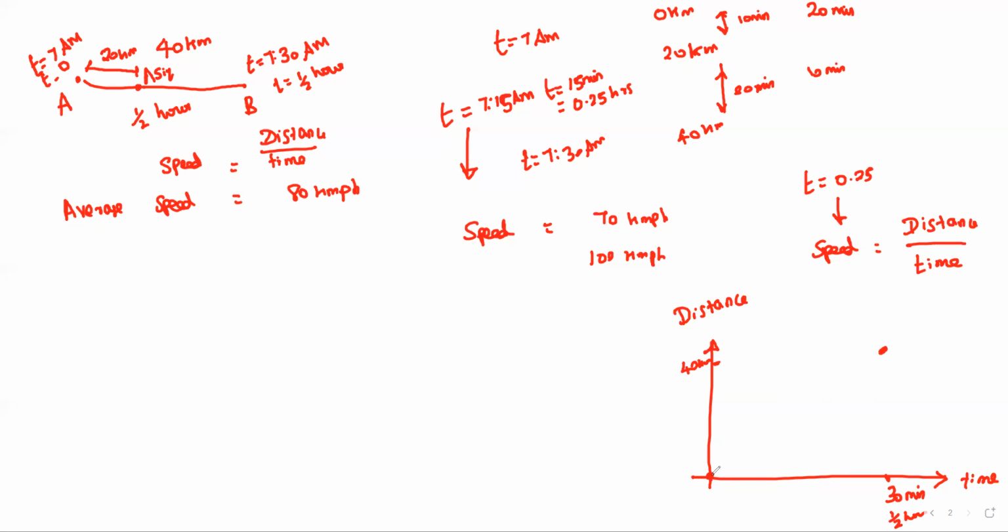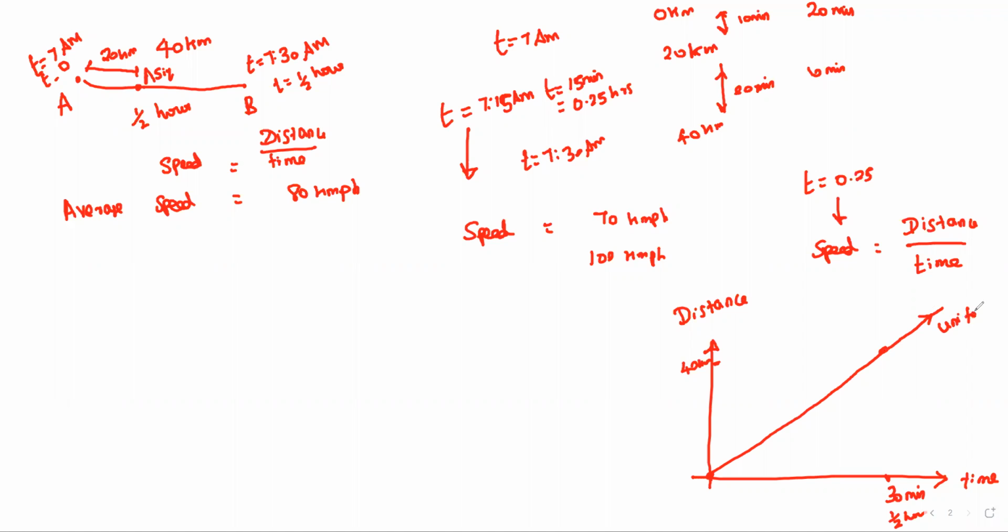The travel may be like this, or like this, or like this. Any curve it can take. But if you travel in a straight line, this means the straight line denotes the uniform speed.